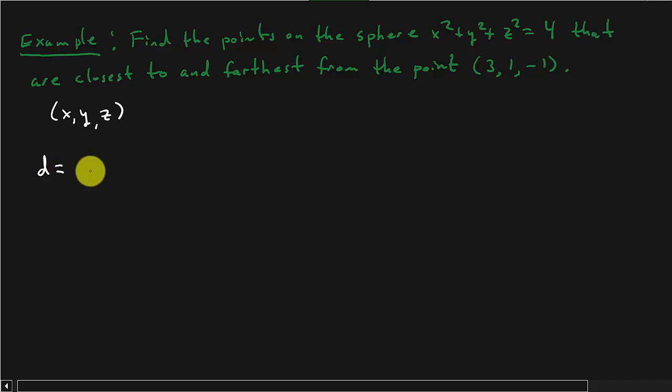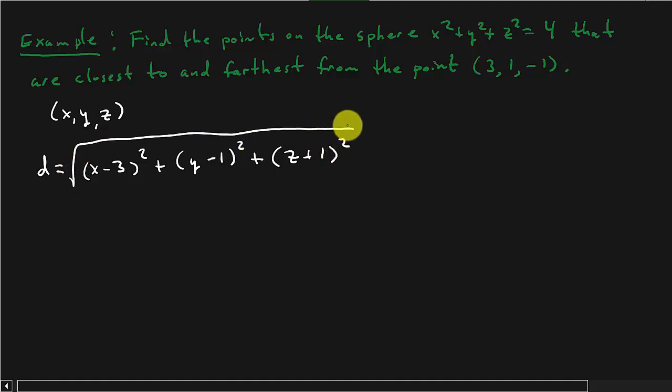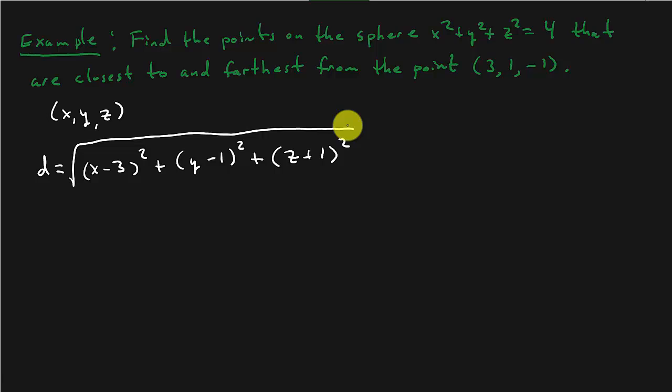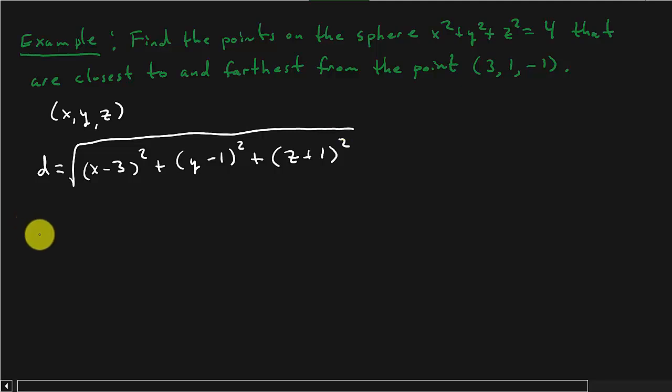So if I do the distance, remember the distance formula, x minus 3 squared plus y minus 1 squared plus z plus 1 squared, and it's the square root of all that. And if you remember from the last section, we did a problem similar to this, that we can minimize the distance squared.